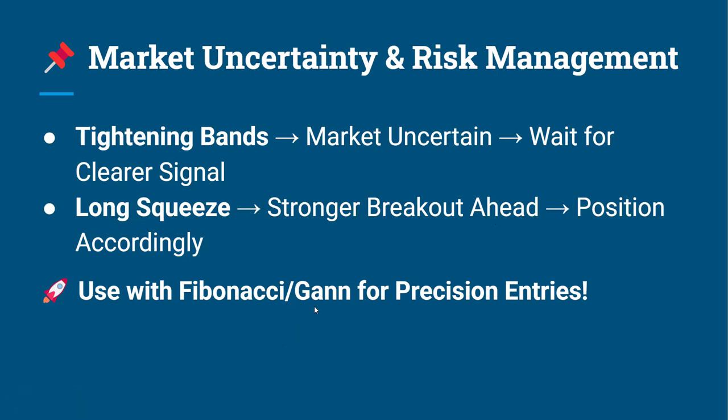Now I am using Fibonacci and Gann for precision entry. That is my indication. Fibonacci for my support and resistance levels, Gann for my angle, Gann for direction. Write down: Gann for direction, Fibonacci for levels, and Bollinger Bands for identification of the territory, trend, where the market is positioned.